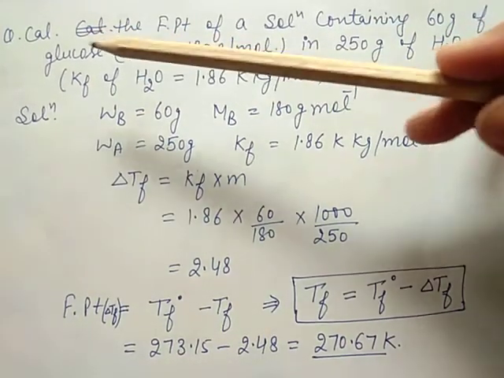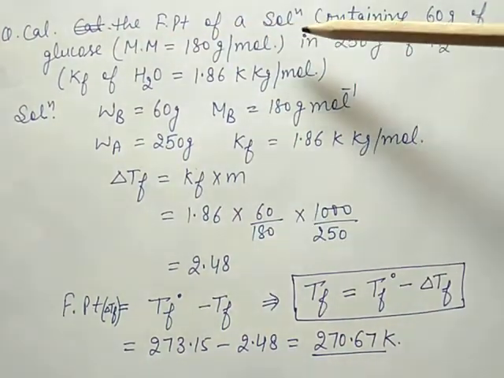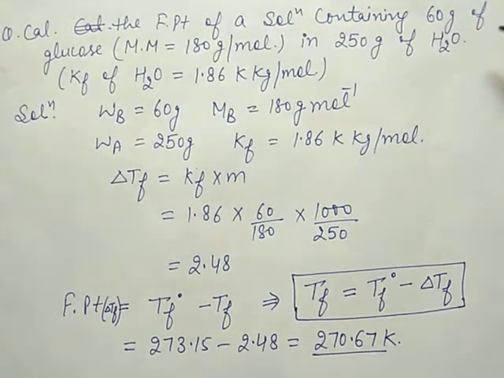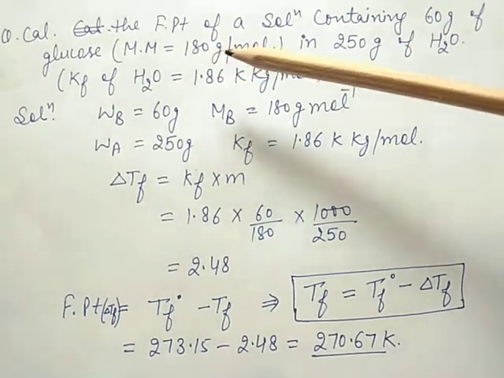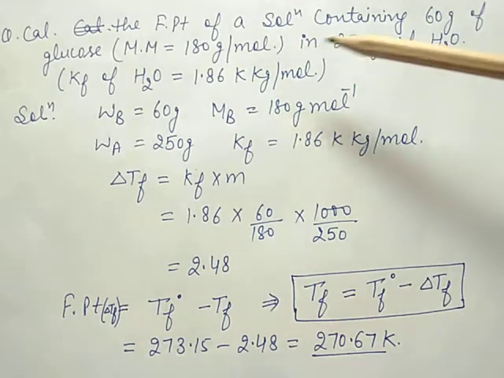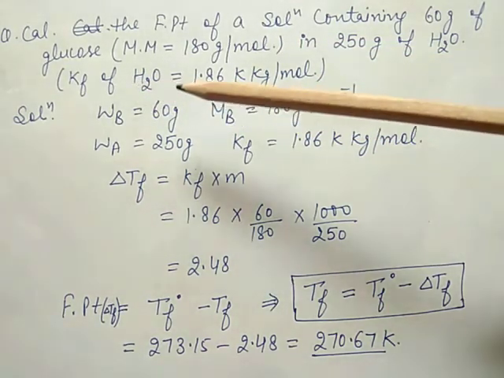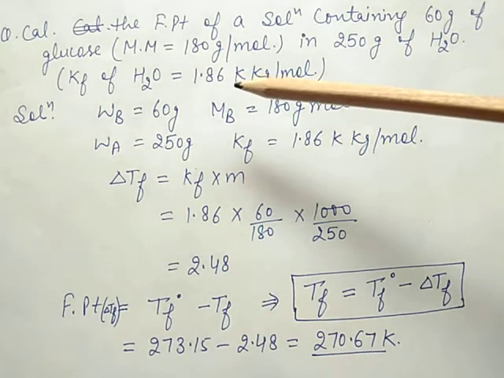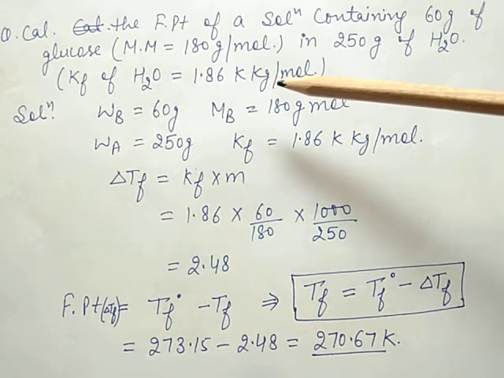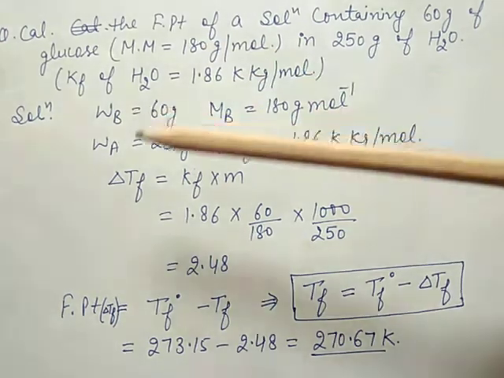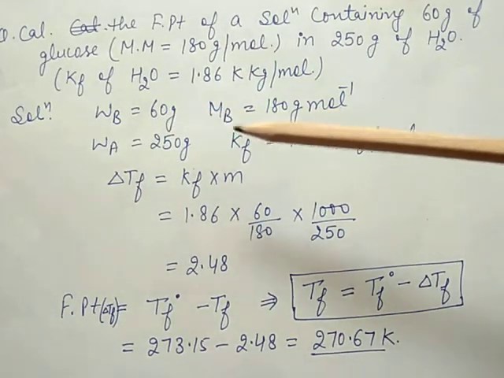Next question, calculate the freezing point of a solution containing 60 gram of glucose, molecular mass 180 gram per mole, in 250 gram of water. Kf of water is equal to 1.86 Kelvin kg per mole. Here Wb is given, that is 60 gram.